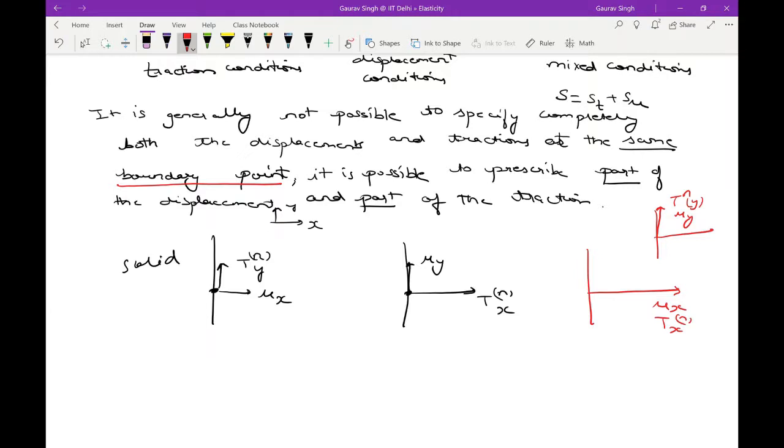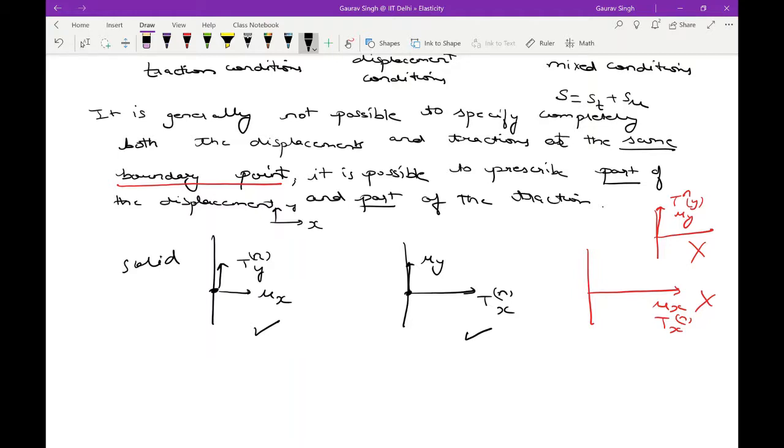Okay, this is not allowed. So this is what it means: part of traction and part of displacement can be specified, but the parts have to be like this, not in the same direction. Okay, so this is what is allowed.